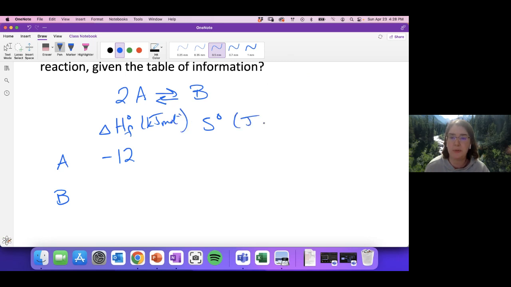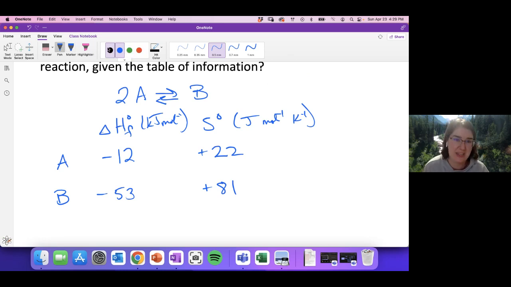Entropy values would be in joules per mole Kelvin. +2, +22, why not? Apparently I like the number 2. And this is going to be a -53, and this is going to be a +80. No, I don't want that 0.1. Sorry. Taking it back. Hadn't used decimals anywhere else.